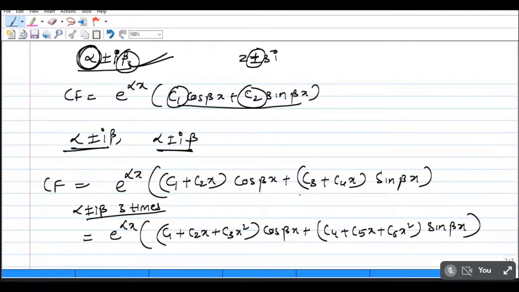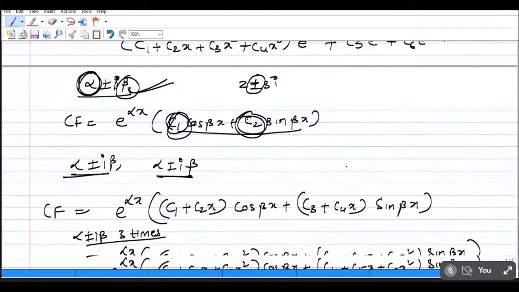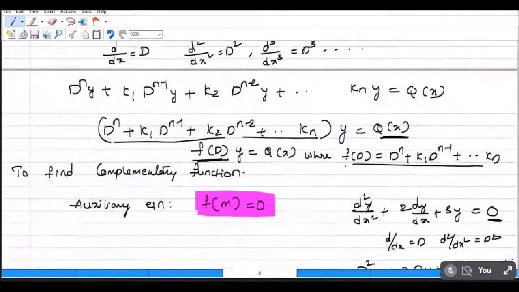The same repetition procedure we will apply. So these are the 4 cases for finding the complementary function. Note down this one.